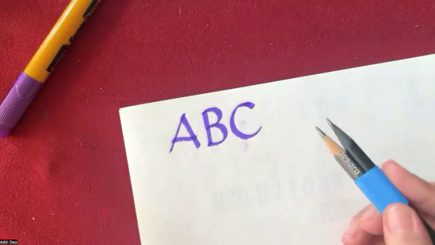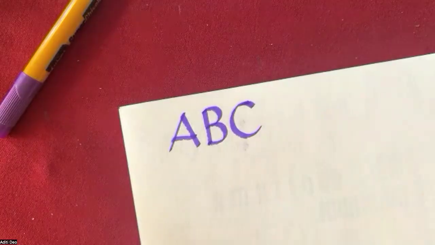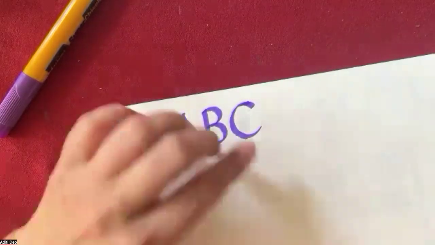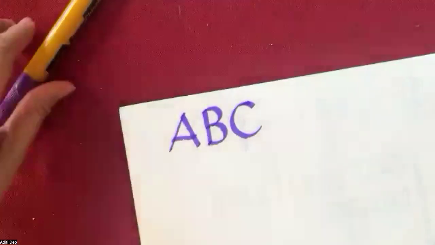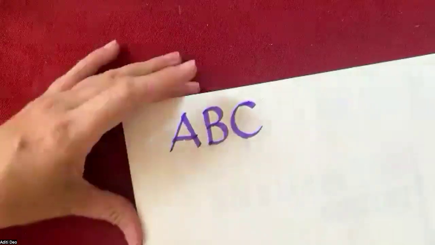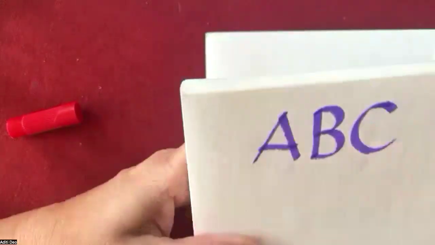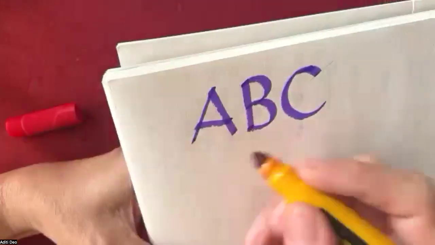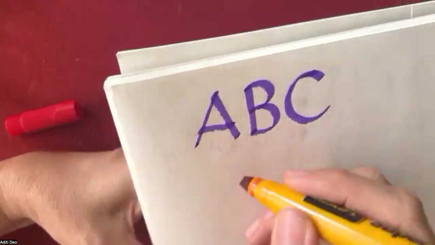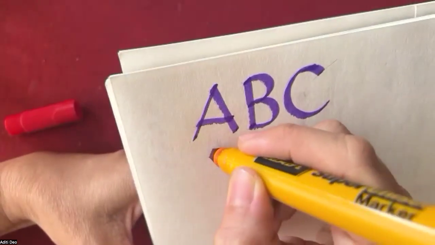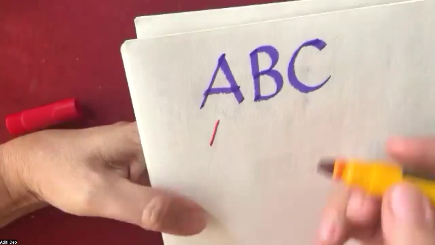So for this, the only thought in mind is to have the pen at 45 degrees. In this case, any degree is fine. The moment you change that, the letter will change. So if I want to make slightly upright small letters, I'm making the letters at a slightly upright angle, maybe 75 degrees.